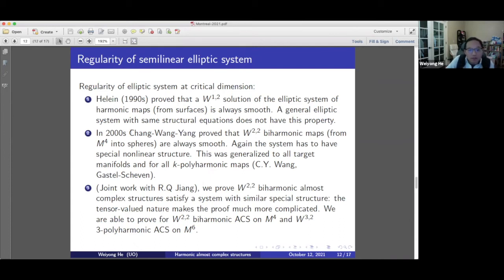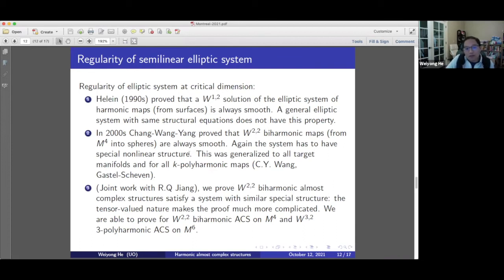We found that their structure applies particularly interestingly to our setting, even though the proof is quite different and much more involved because of the tensor values, basically because matrix multiplication is not commutative.